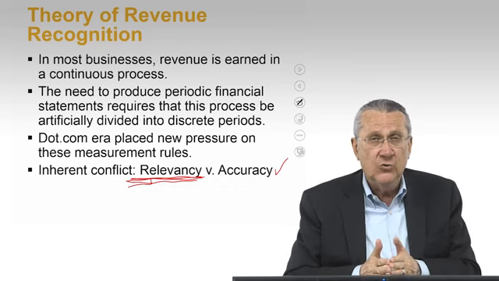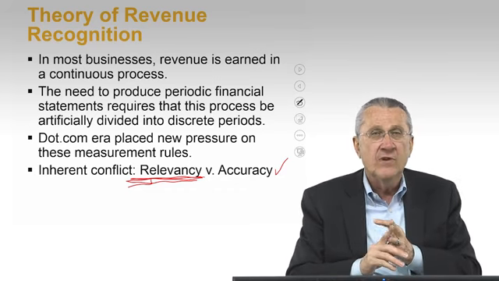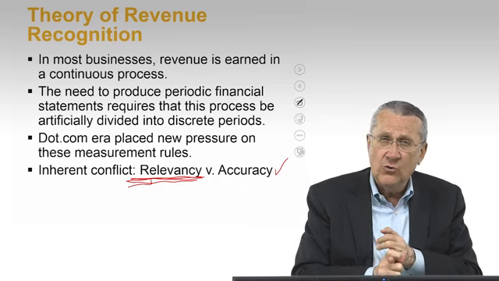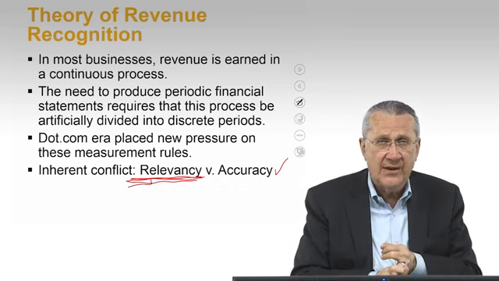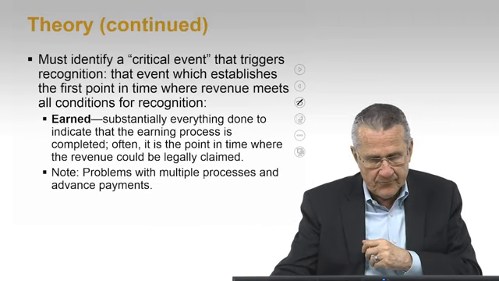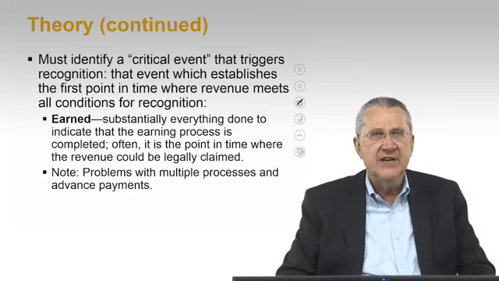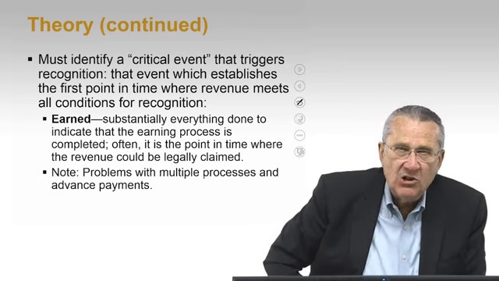What we tend to do is recognize revenue when it's earned, realized or realizable, meaning we have a reasonable expectation of collection, and when it's measurable. All right, so our challenge became looking at that stream of activities. What's the critical event?